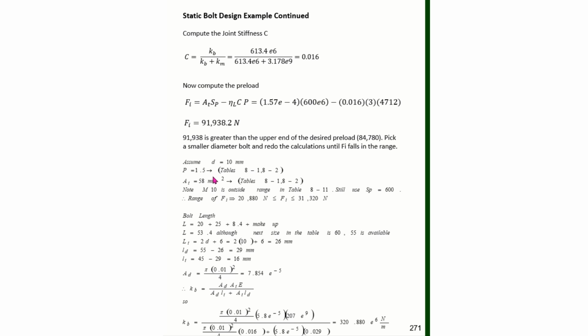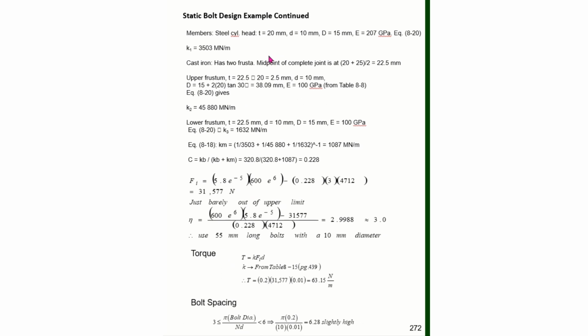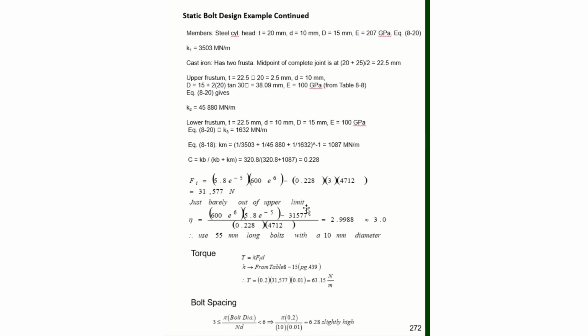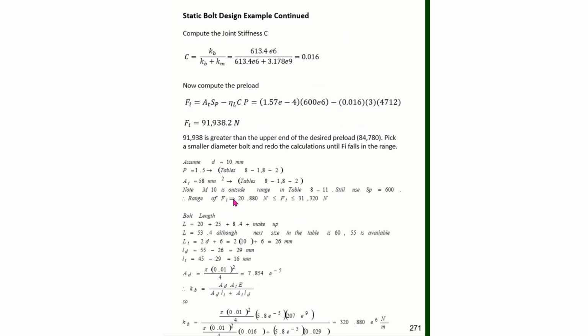And so I had to come and get the proof load, get the proof strength, get the range on my preload, go get all of the L's, KB, KM, and compute all of these numbers, and then compare the FI to the new preload range. So in this design, I would go ahead and use the 10 millimeter bolt diameter because the 31,577 is close enough to the upper limit here of 31,320.